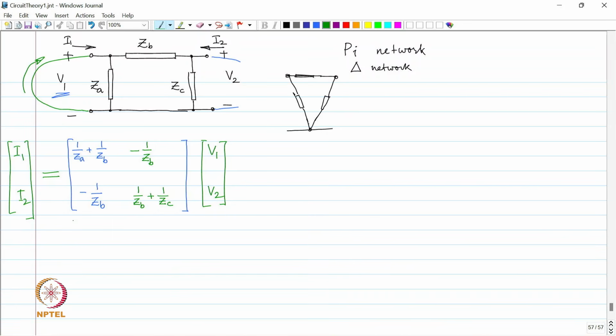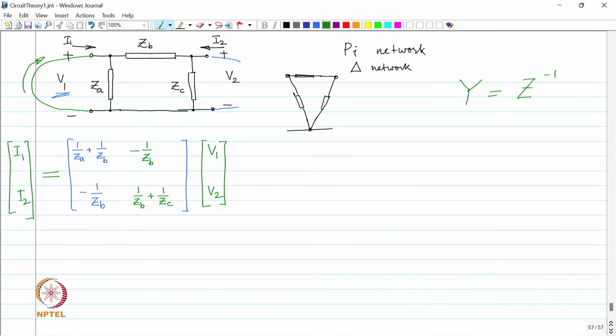What is the relationship between the Z matrix and the Y matrix? Y has to be equal to Z inverse. They are inverses of each other. All right, or Z is Y inverse, either way.